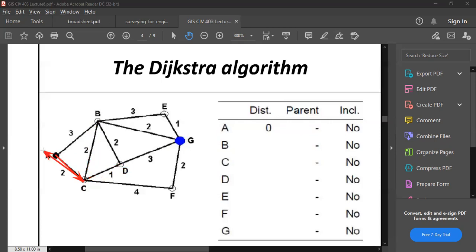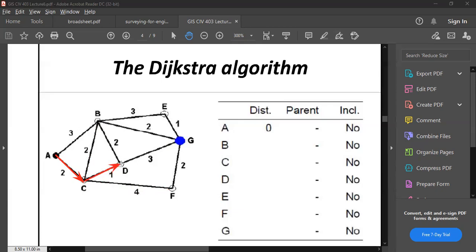Then we try A to C to D, that gives us 3, still better than A to B. So at this point, we selected A to C. And then we keep going, trying A to C to F. That's very expensive.